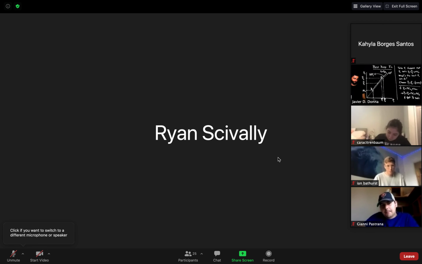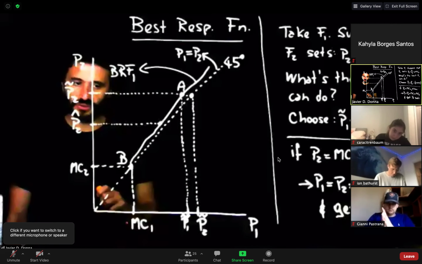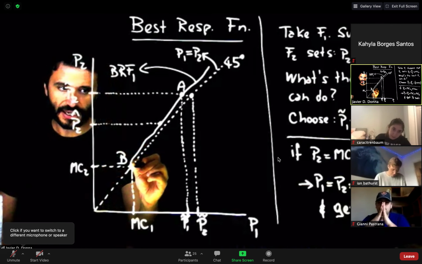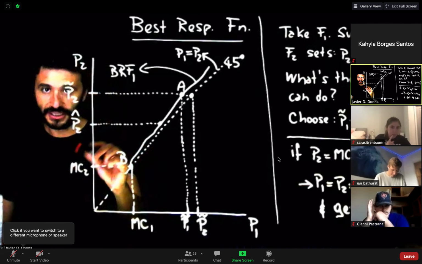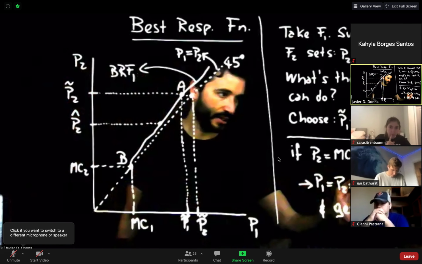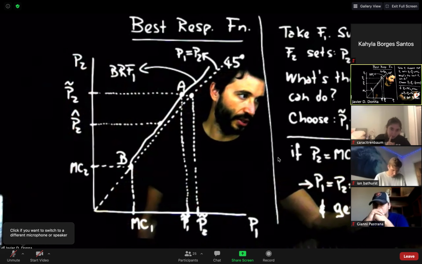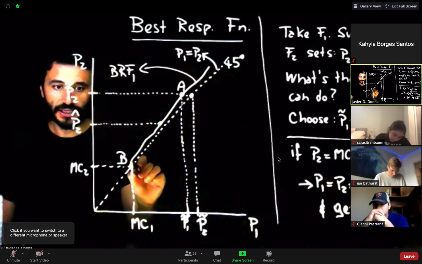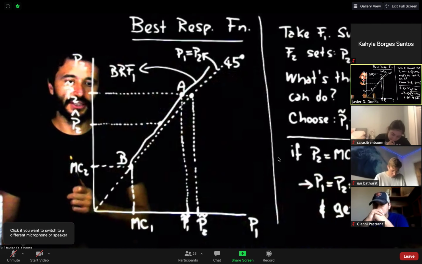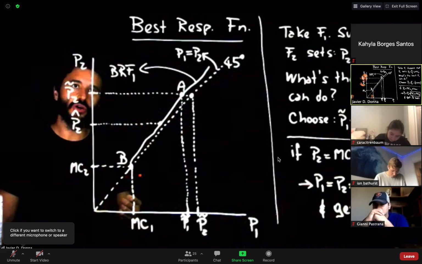Is that point B on the 45-degree line, or is it 1 cent above 45? No, point B is on the 45-degree line, since the marginal costs are equal here. It's the Bertrand model. So this means that point B is going to be on the 45-degree line, and it's also going to be on the best response function.